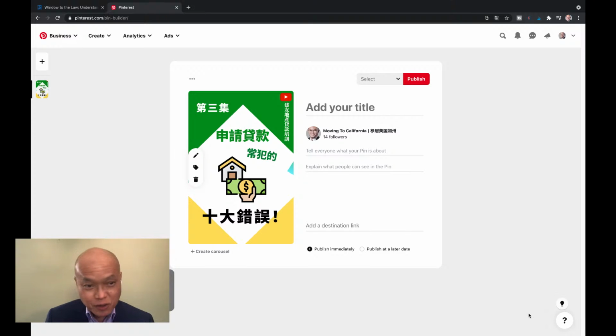The reason I still spend a lot of time on Pinterest is because Pinterest is a very, very important search engine. Instagram started its keyword search functionality, I think might have been November of last year.